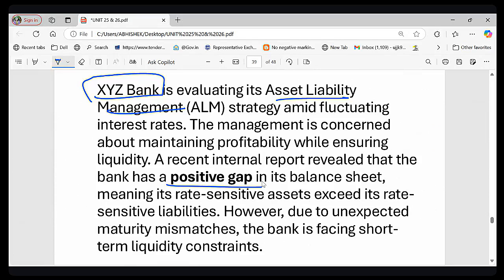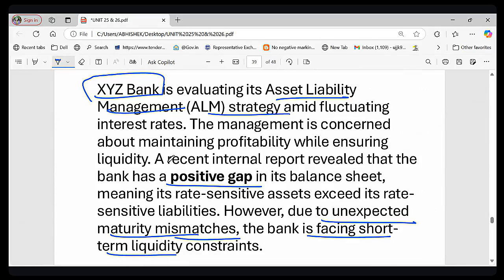However, due to unexpected maturity mismatch, the bank is facing a short-term liquidity constraint.